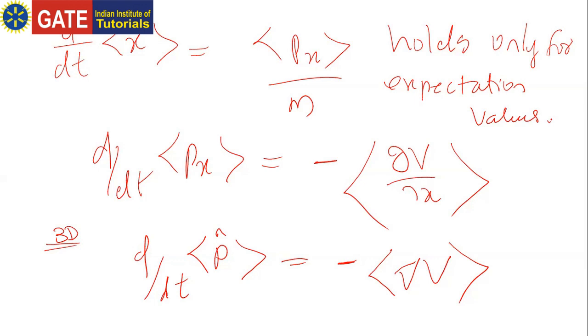Now we can do one problem. Consider a particle of mass m moving in harmonic potential v of x equal to half kx square.